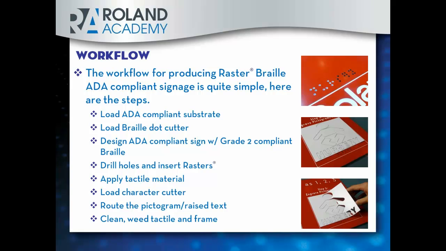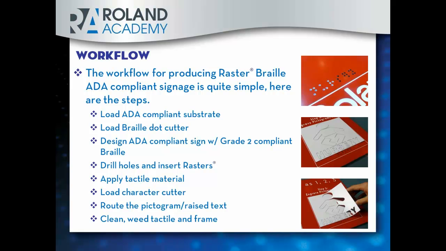So the workflow for producing raster braille ADA compliant signage with a Roland engraver is simple. You load the substrate on the table. The substrate is typically a single color. You load your dot cutter. You design your sign with grade 2 compliant braille. Both EngraveLab Expert 8.0 and Flexi Engrave 10 support this.